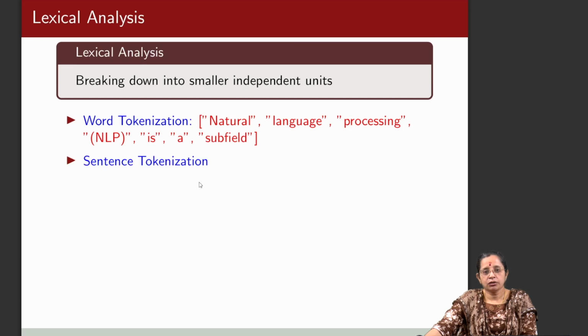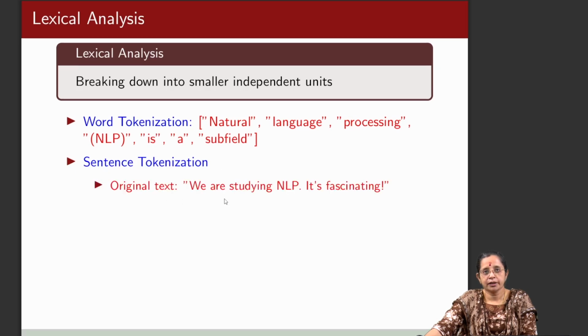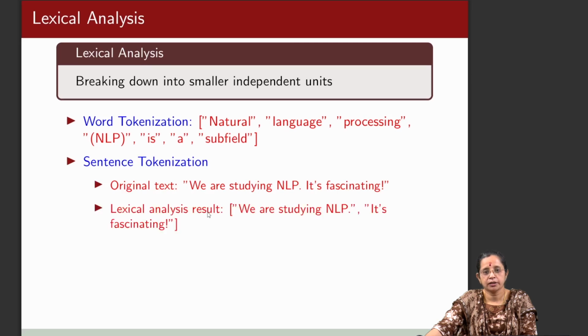And sentence tokenization, this is a whole sentence. Where we are studying NLP, it is fascinating, is the original text. After this, we are studying NLP, this is the first sentence token, and it is fascinating, this is the second token. So word tokenization, with respect to a single word we are having a token. Sentence tokenization, it is for the entire sentence.